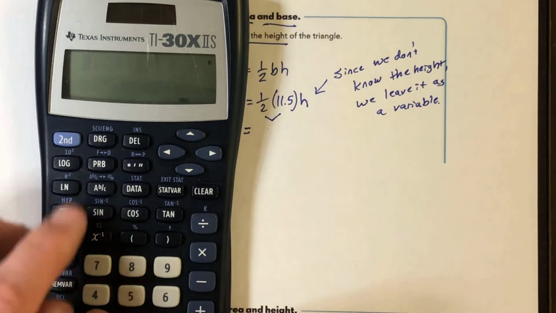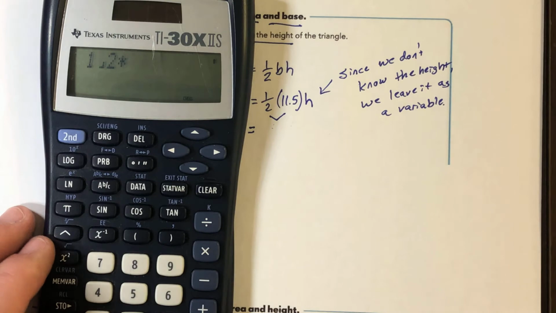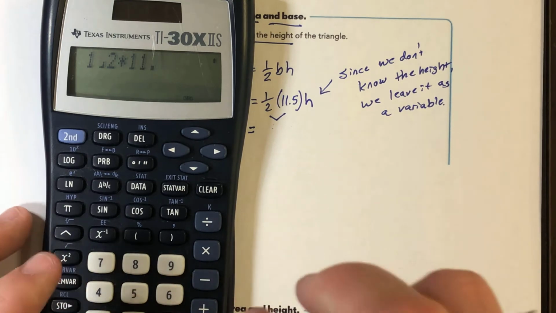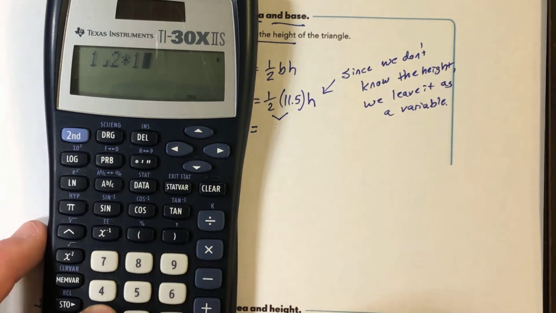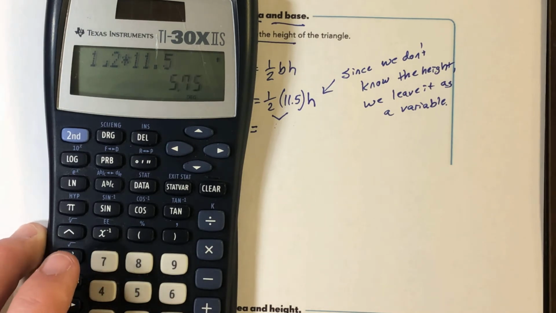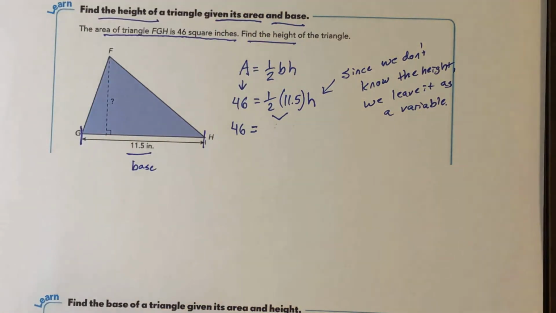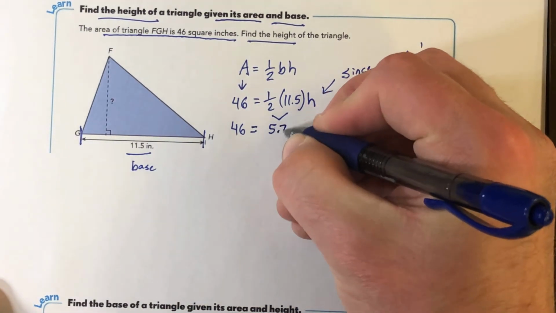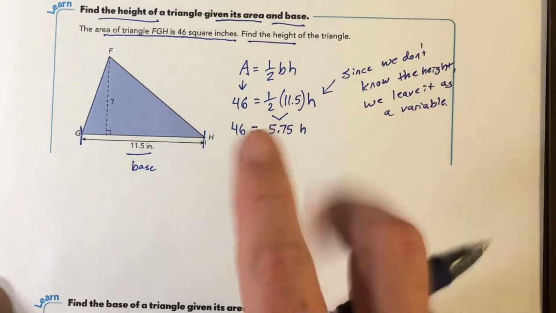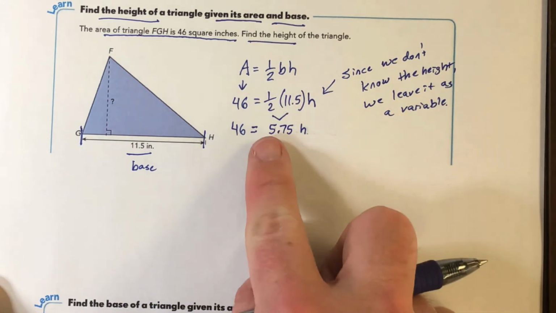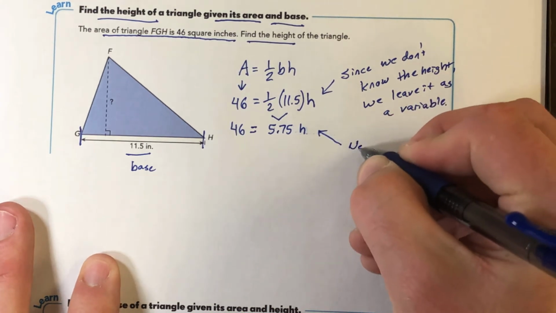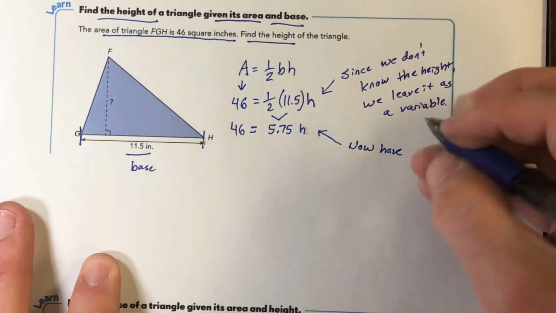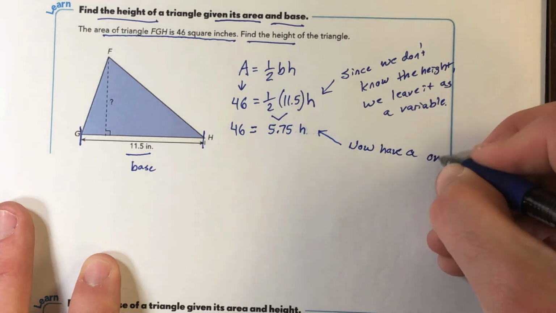So 1/2, or 0.5, times 11.5, we get 5 3/4, or 5.75. We're not finished. Bring down your h. So 1/2 times 11.5h is 5.75h. What do we have? We now have a one-step equation, meaning one step and you're finished.